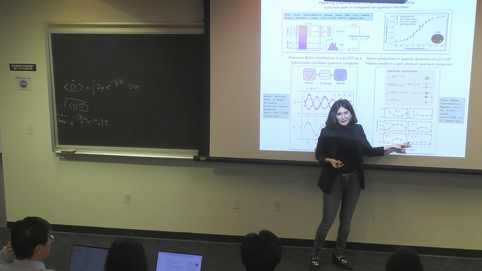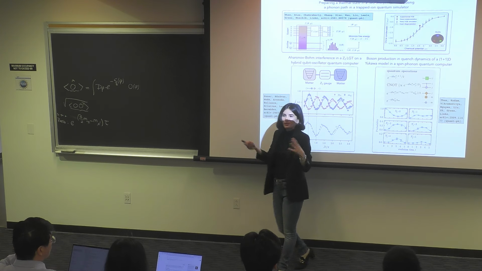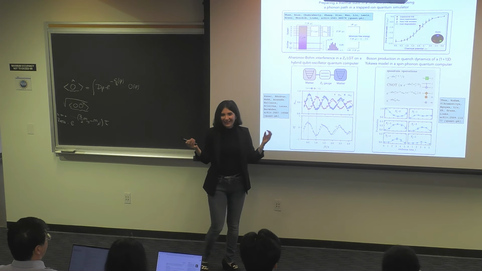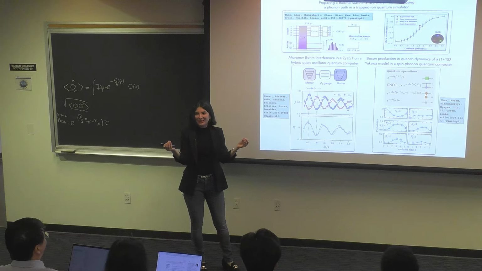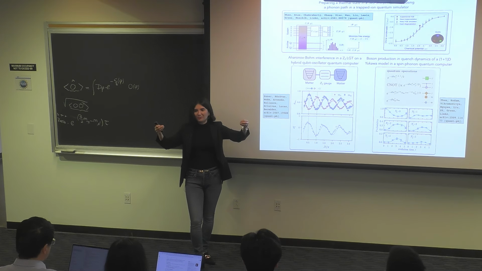What was really cool in this experiment is that they could measure phonon numbers up to 8 and 9. There was non-zero occupation in the dynamics. Even if you start from 0 phonons or 0 bosons, the dynamics of the non-equilibrium quench would create these high excitations, and they were able to measure them.